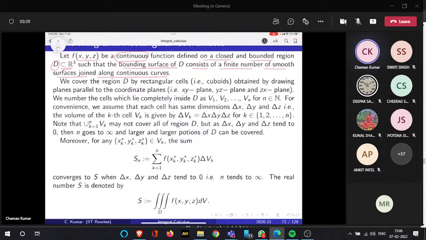So as I said before, we have three variables x, y, and z in the domain. So we partition the x-axis, y-axis, and z-axis. This is the partition of this domain.